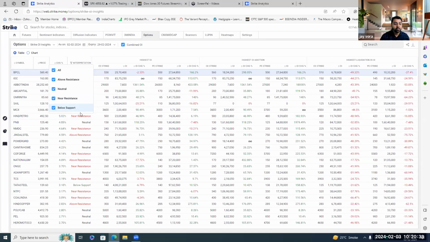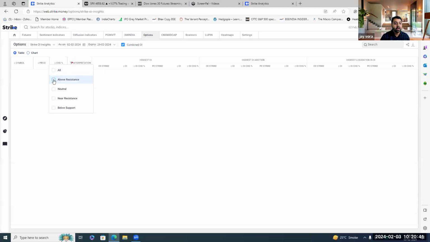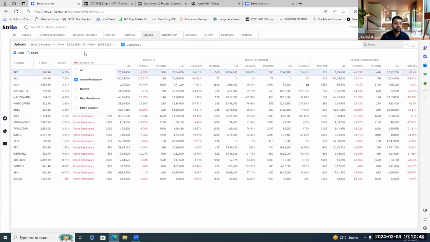But unfortunately, there are no stocks near the support level right now, and that is why you're not able to see it in the filter. But when I do above resistance, all the stocks which I am getting over here will be above their strike price.